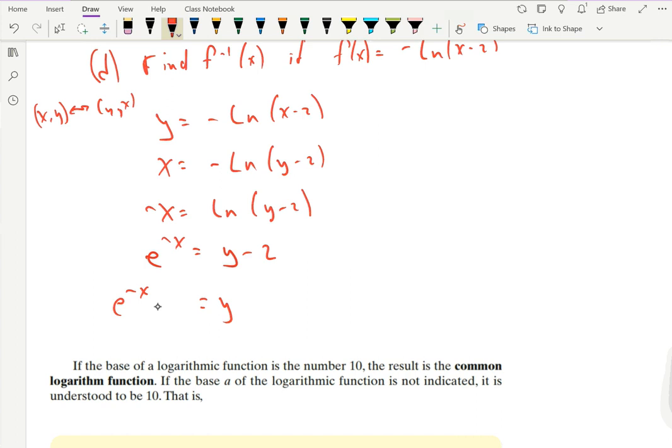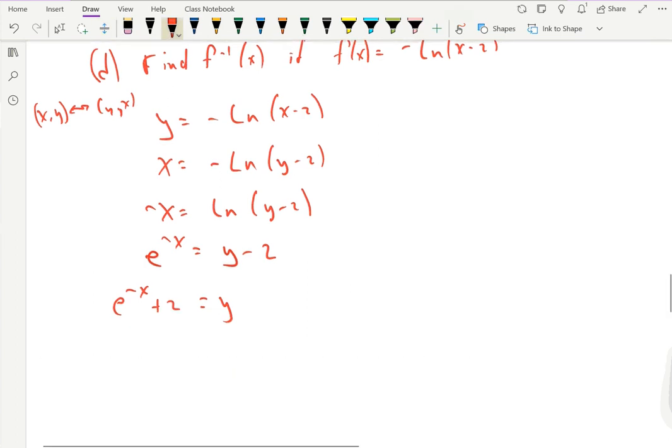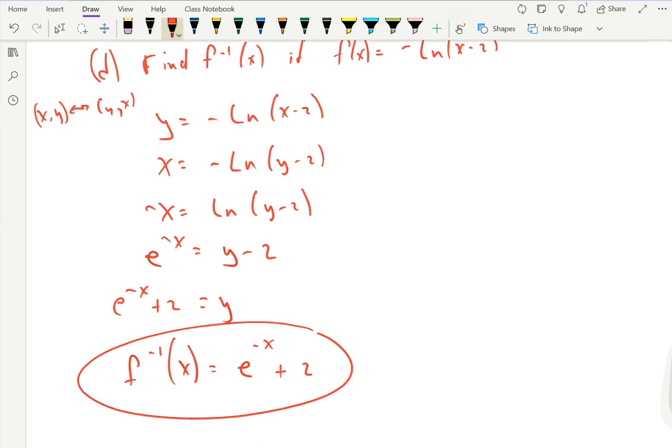I get e to the negative x plus 2 is y. And the last step of the inverse calculations, I replace the y with f inverse notation, and I flip-flop these around also. So f inverse of x is e to the negative x plus 2. There we go. So that is our inverse.